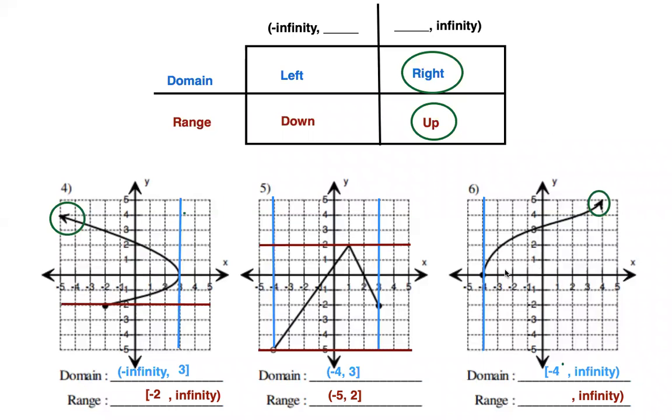The bottom of the graph is on the origin, on the axis, so that is 0. Again, closed circle, so bracket. So here are the domain and ranges for number 4 through 6.